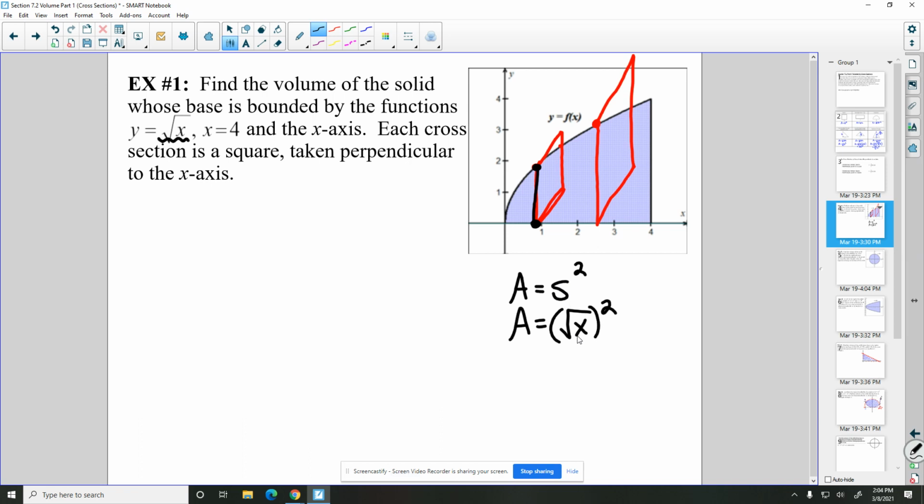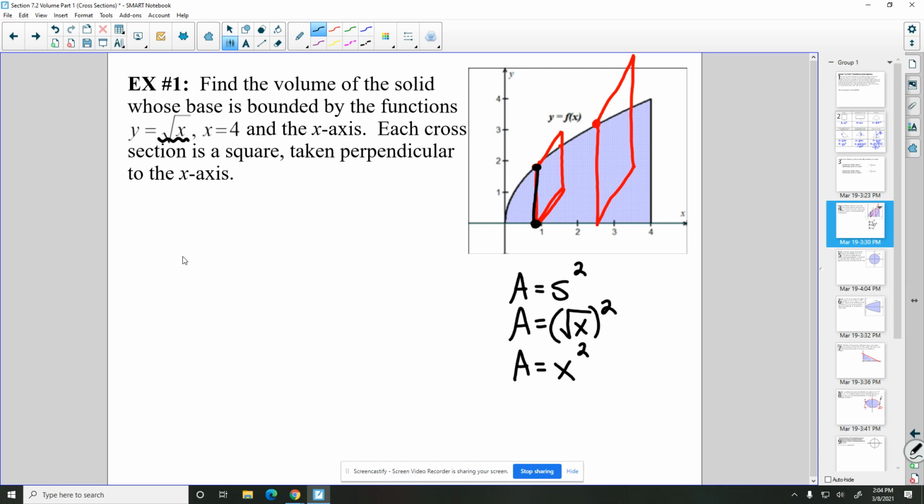So we're going to plug that in for the side measurement. And that's going to give us an area of x squared. So the area of each square would be the x coordinate squared. So for example, this first one, the x coordinate is at about 1. Plug 1 in, 1 squared means that the area of this first square is about 1 unit.